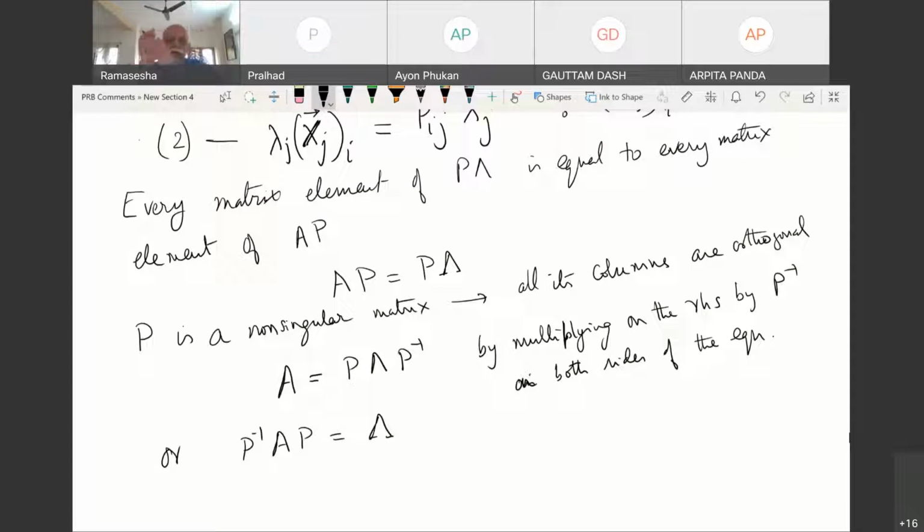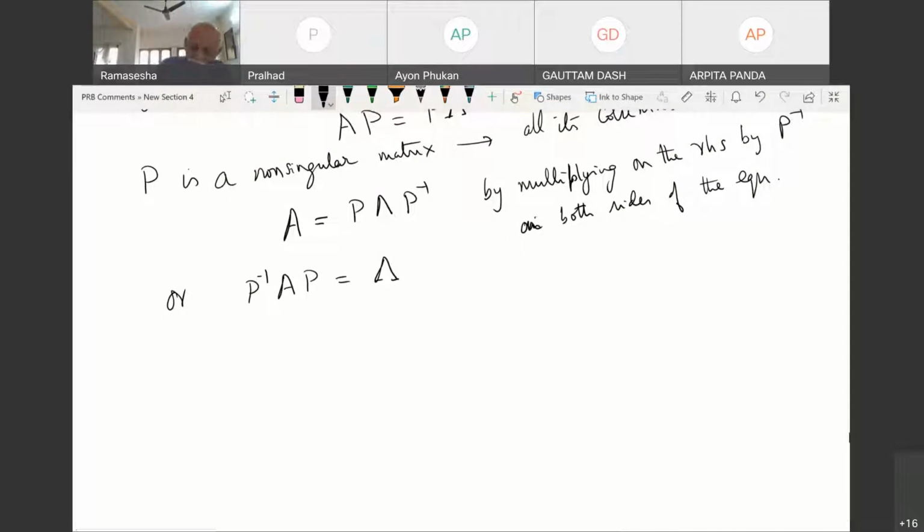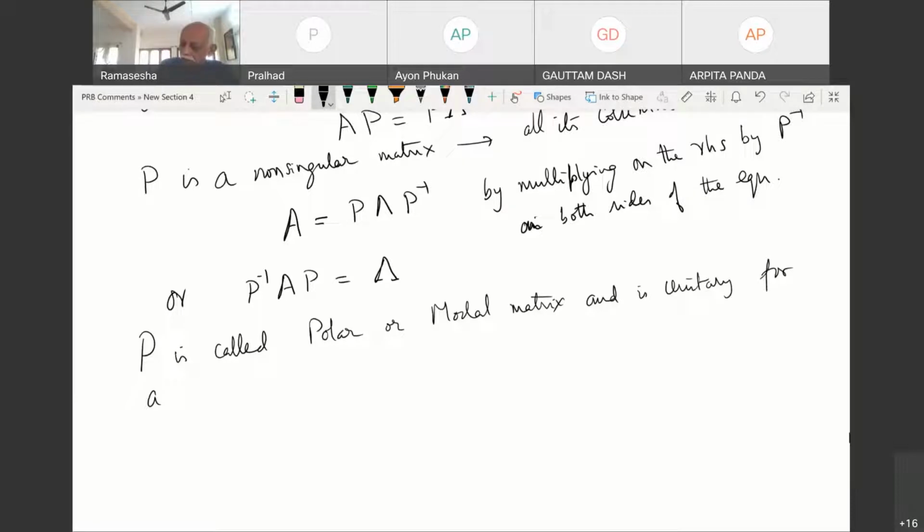That is, there is a one-to-one correspondence between the matrix A and the matrix of eigenvalues, and the connection comes through the matrix P, and the matrix P is called polar matrix or modal matrix, and is unitary for a Hermitian matrix.